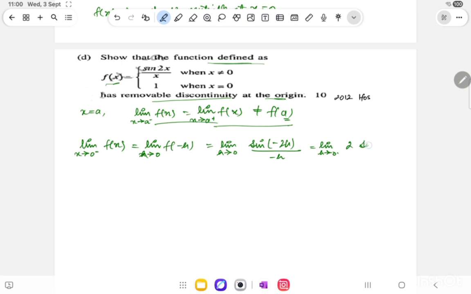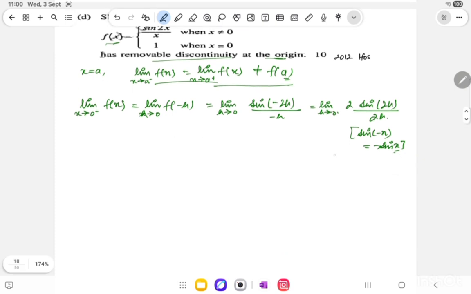So it will be minus sine 2h upon 2h, because sine of minus x is equals to minus of sine x. And we know that limit x approaches 0 sine x upon x is equals to 1. So this limit turns out to be 2.